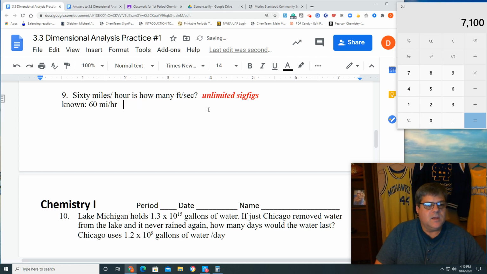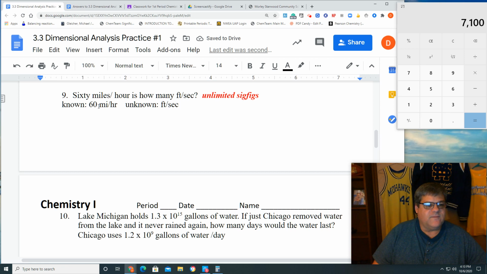That's what we know. What is unknown is, in that same circumstance, the same conversion factor in feet per second. So that's what we need to figure out, how many feet per second.